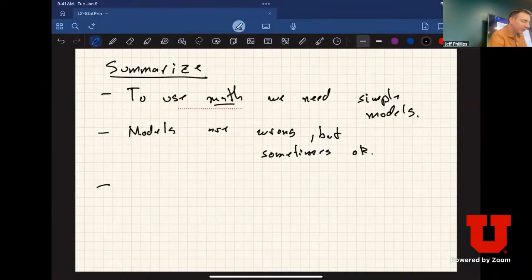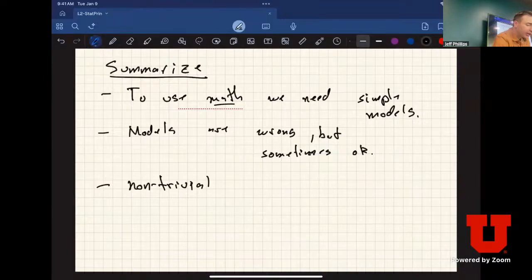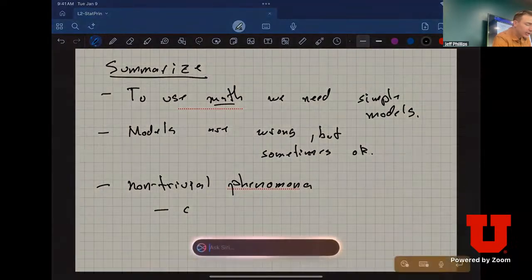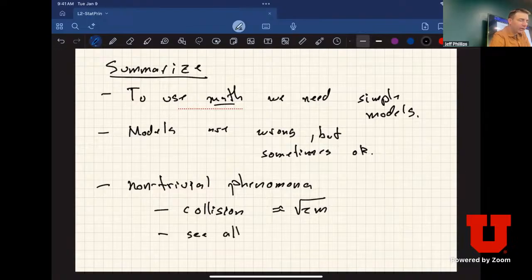The other thing is that there are some non-trivial phenomena. These include the collisions that occur at roughly square root of 2m trials, and that seeing everything occurs roughly at m log m trials.